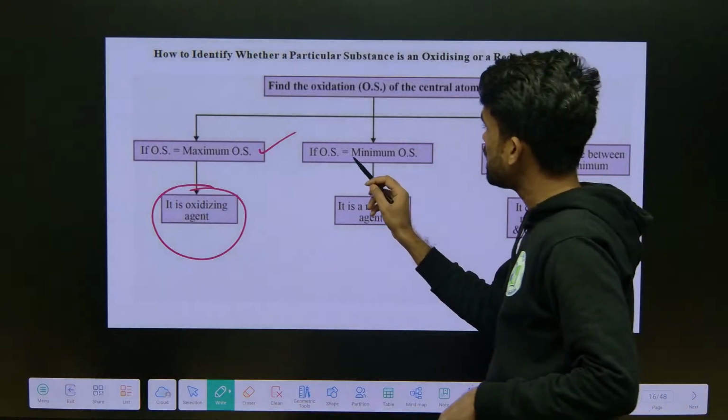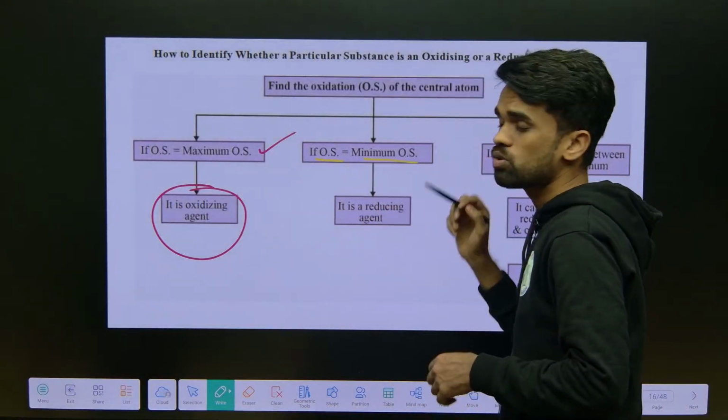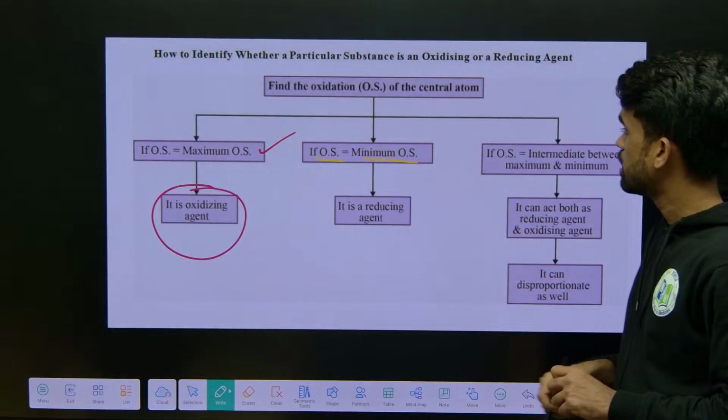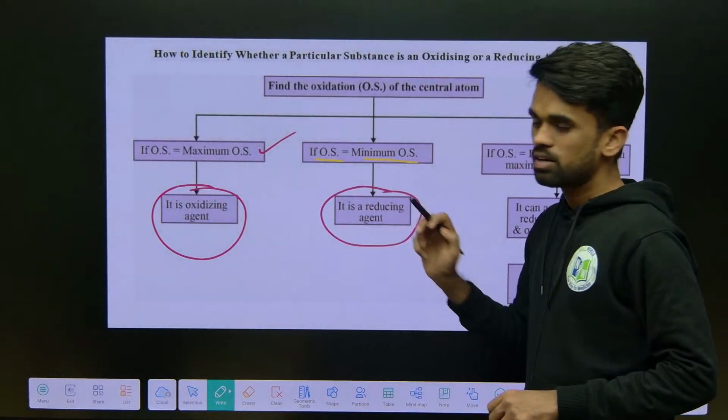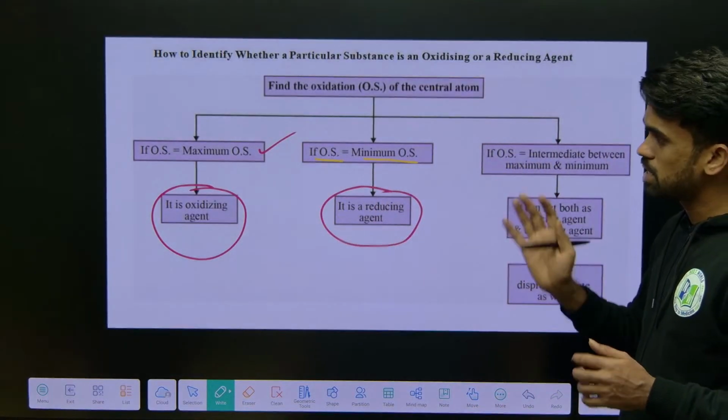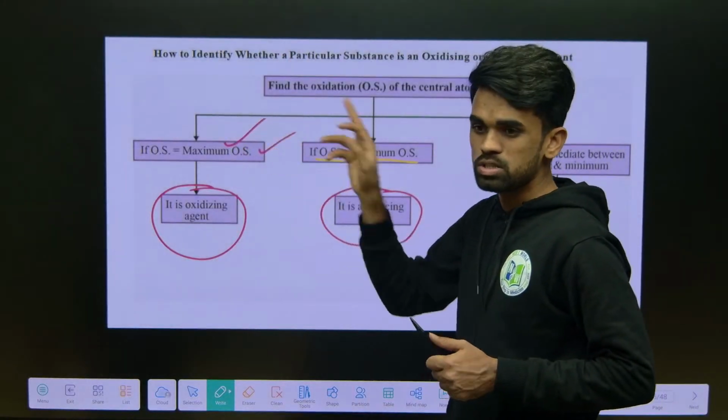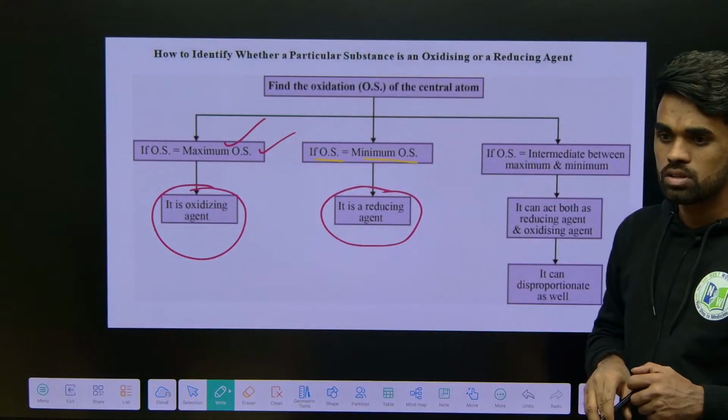For an element, if the oxidation state is equal to the minimum oxidation state, it will act as a reducing agent. Just remember, if it is the maximum oxidation state, it acts as an oxidizing agent.